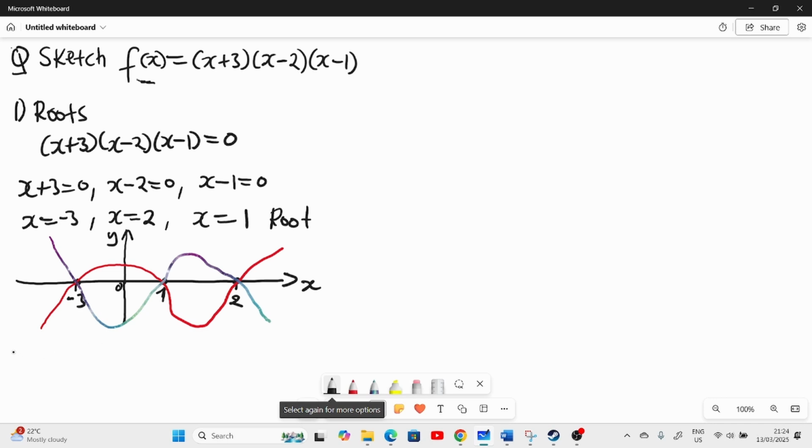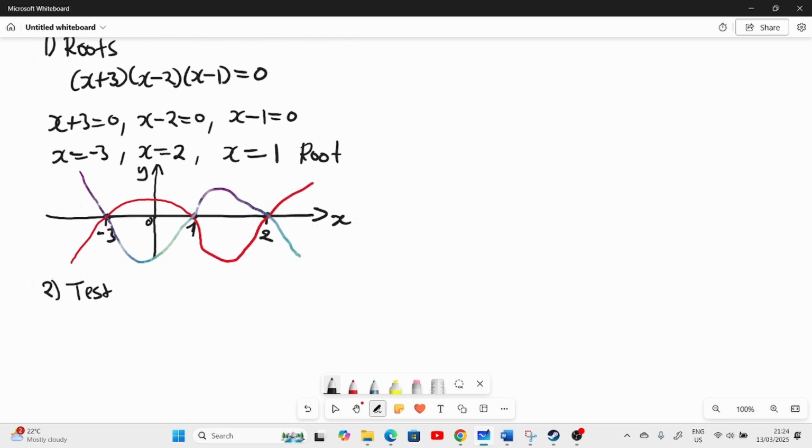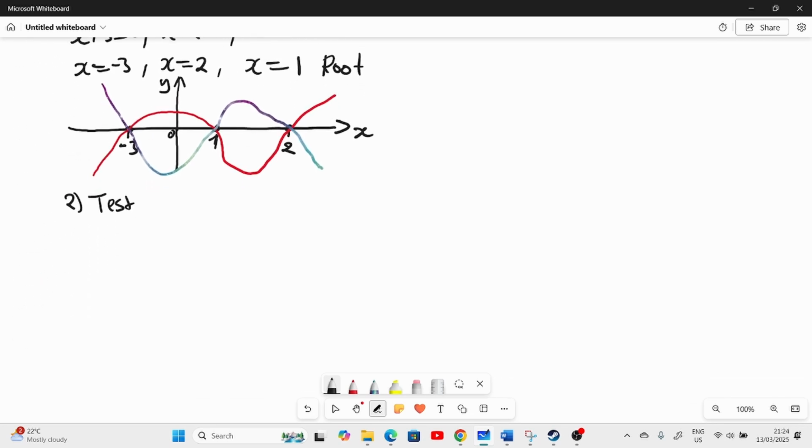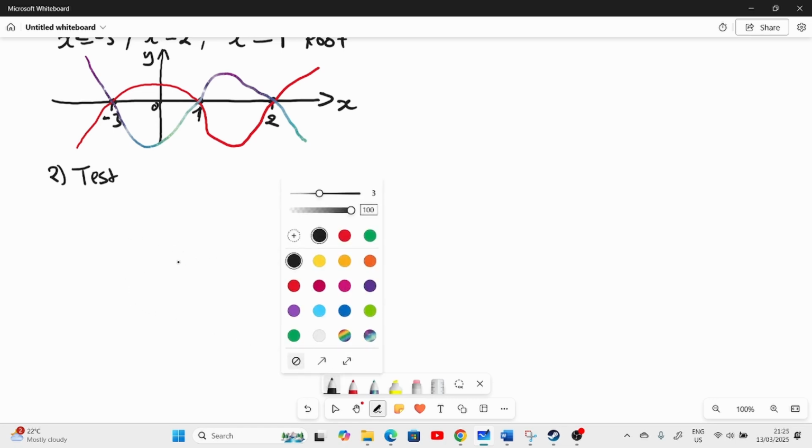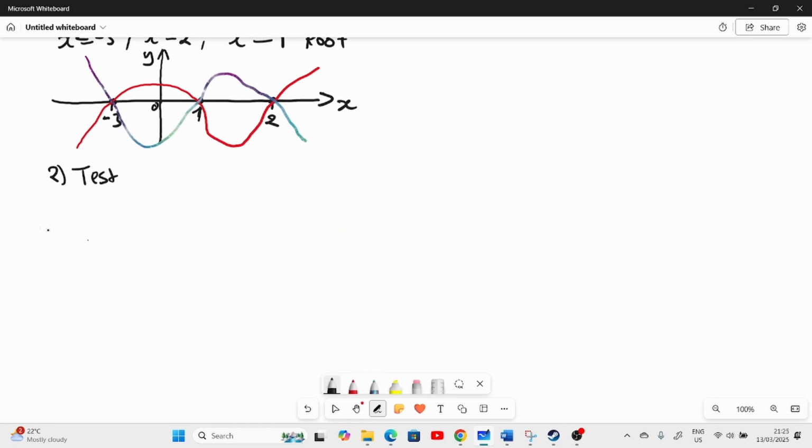So number 2, you test using a table. You test these values. So how does testing using a table work? It works like this. We draw a number line first, then indicate the values of x, the roots: -3, 1, then 2.